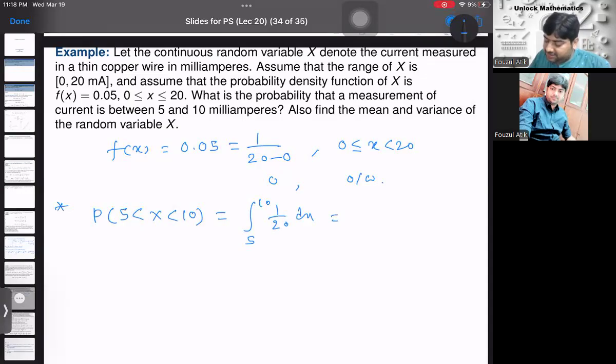And this value is 10 minus 5, so 5 by 20, and this value is 0.25.